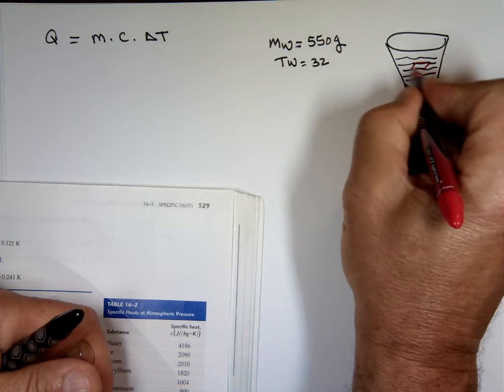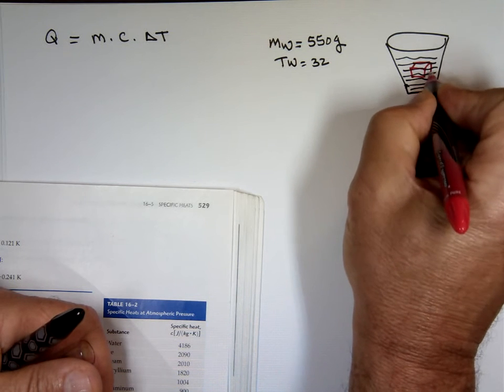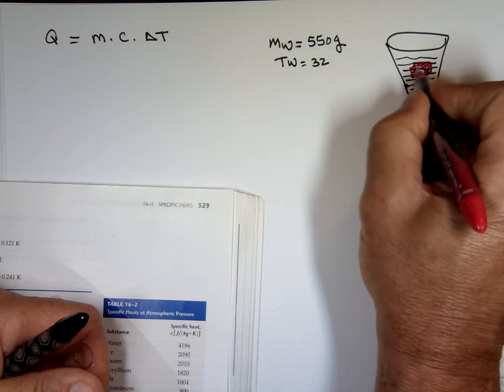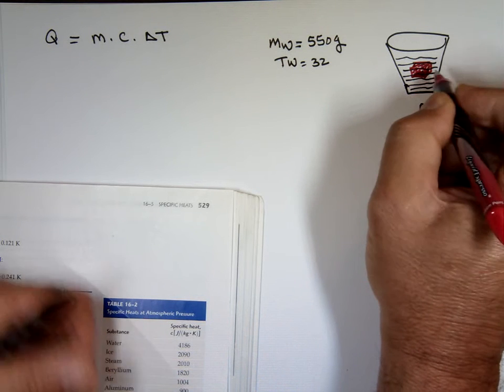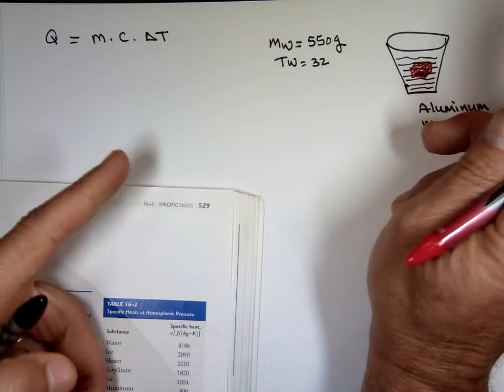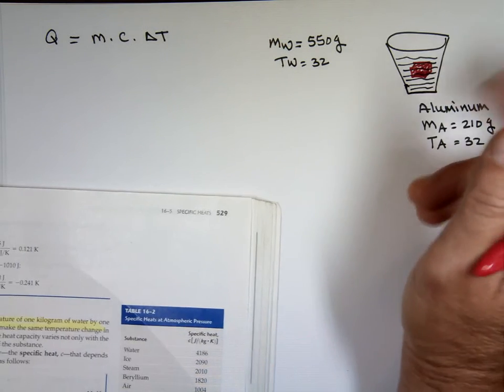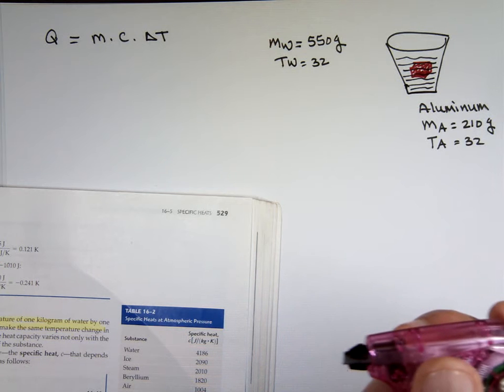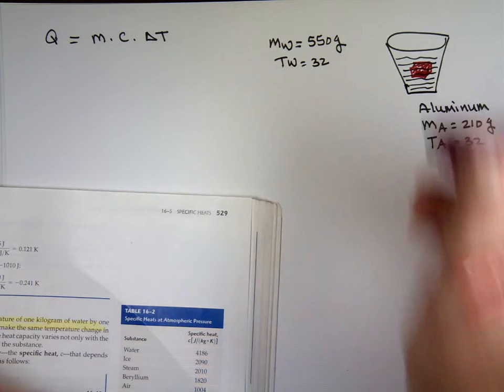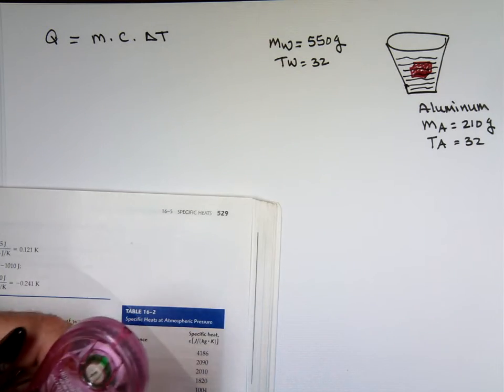We took an ice cube, and here's my ice cube. I shouldn't use ice, not yet, because that's change of phase. Let me be patient on that. Instead of ice, let's use gold.